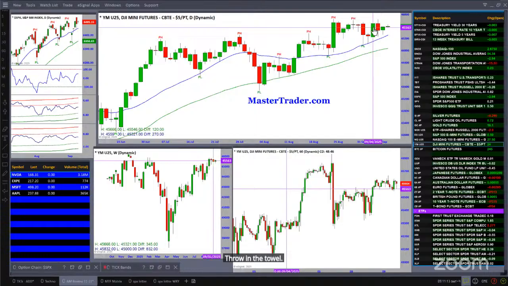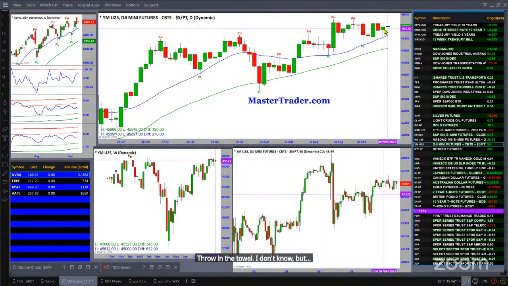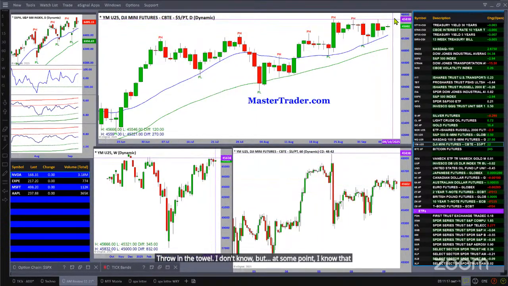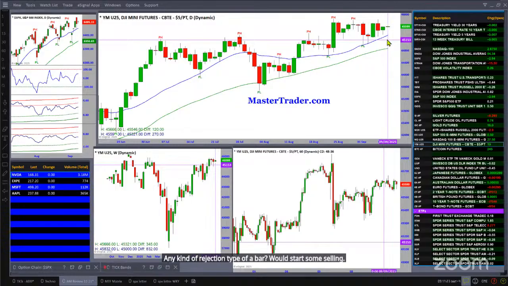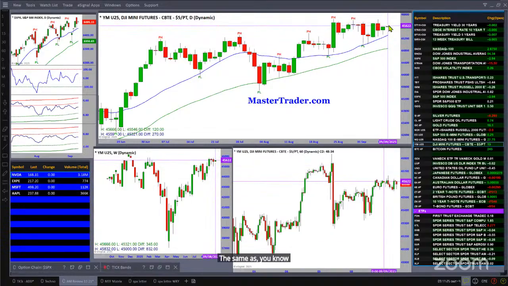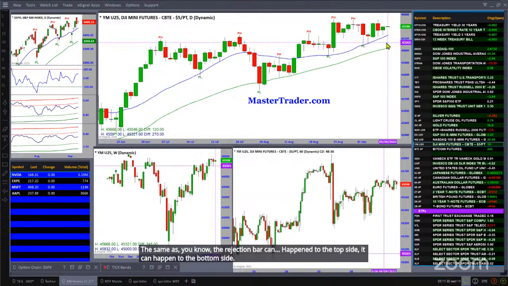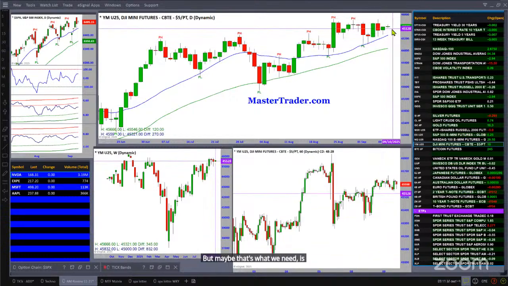I don't know. But at some point, I know that any kind of rejection type of a bar would start some selling. The rejection bar can happen to the top side, it can happen to the bottom side. But maybe that's what we need, is another rejection bar to get things moving in one direction.